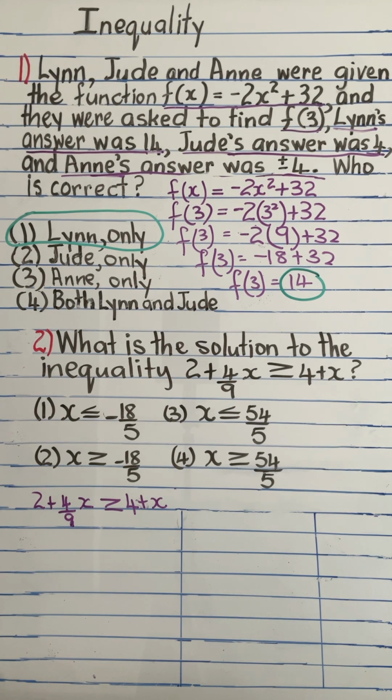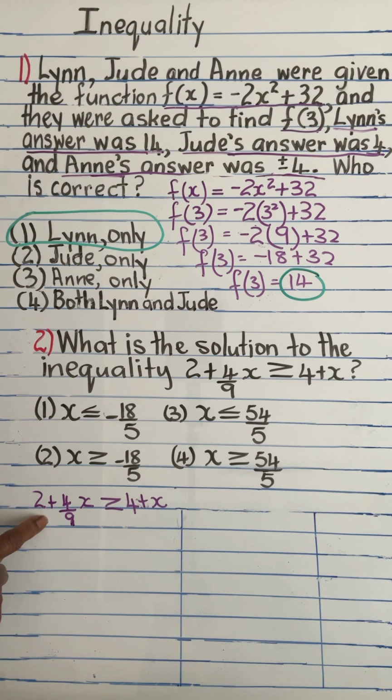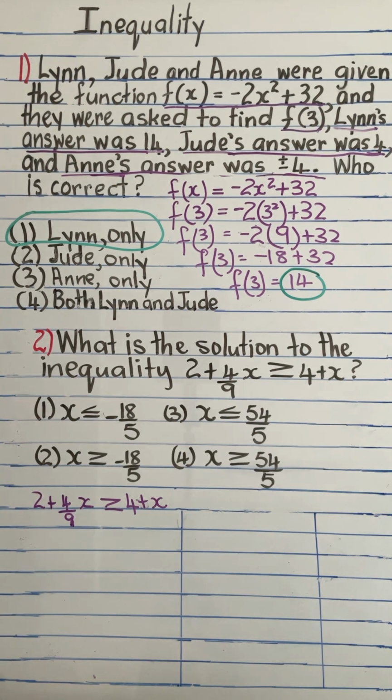So first what we're going to do, we're going to collect like terms. So let's start by removing this 2 from this side. So we're going to minus 2 from both sides.